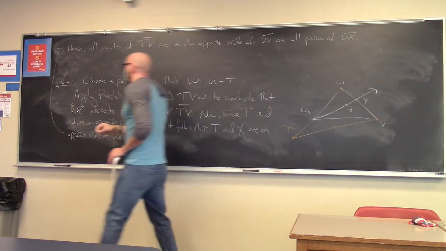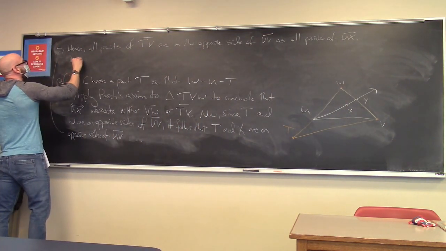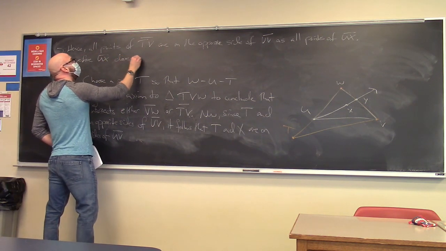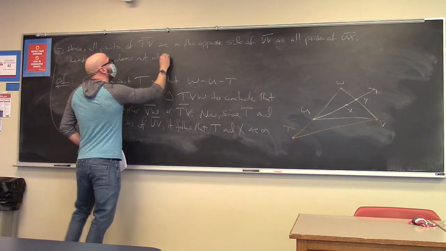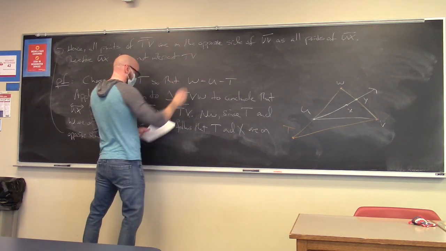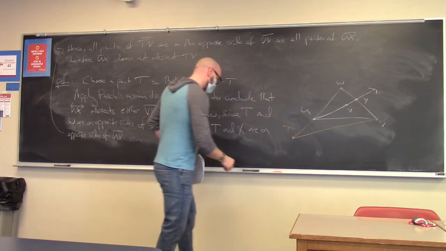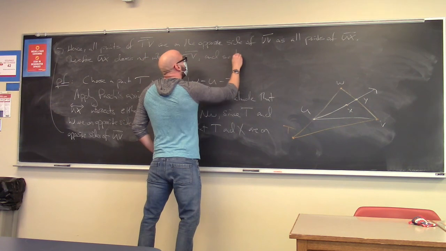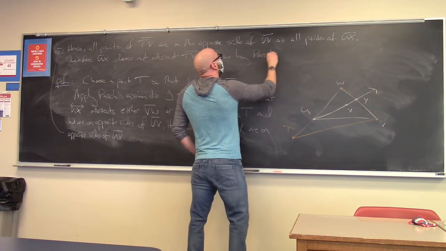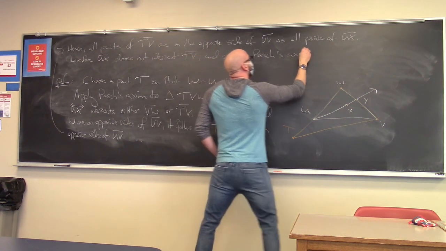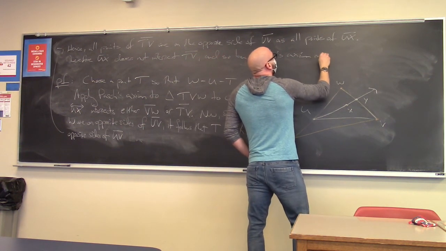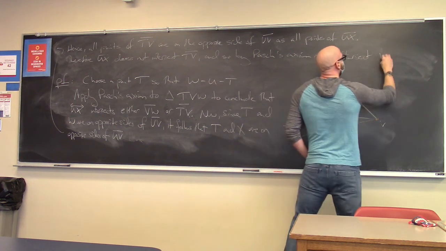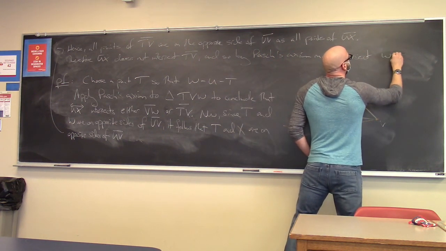And therefore UX does not intersect TV. And so, by Pasch's axiom, it must intersect WV.